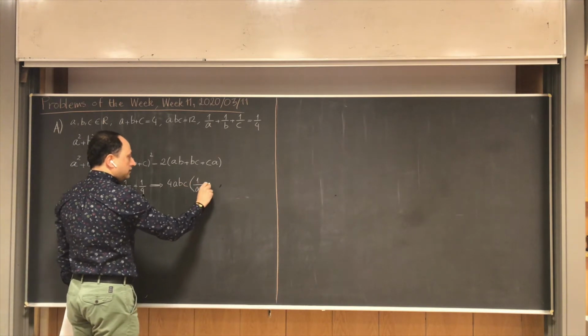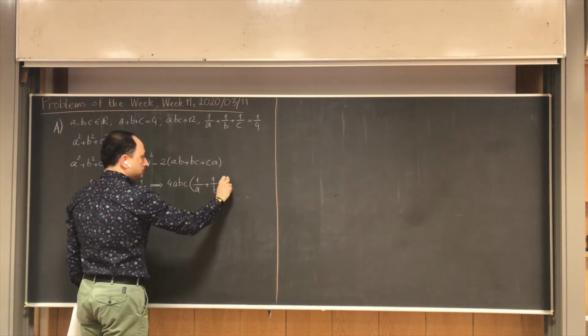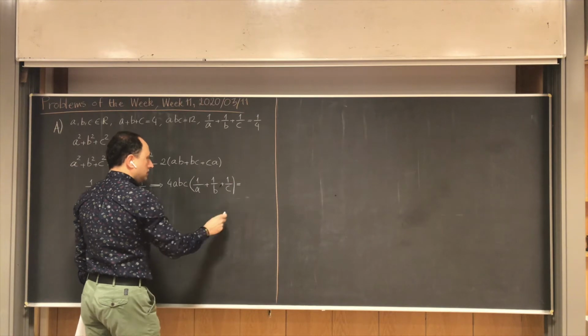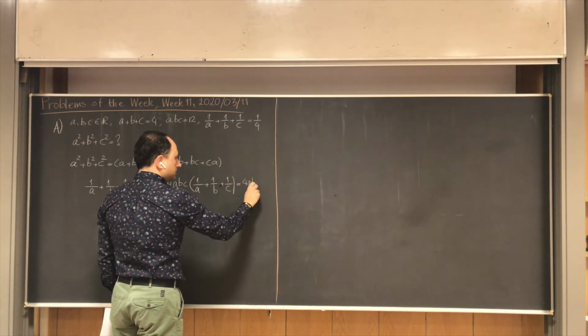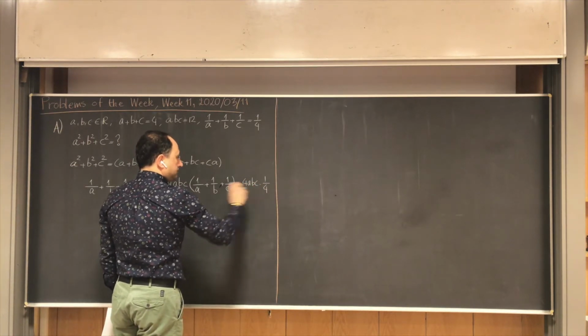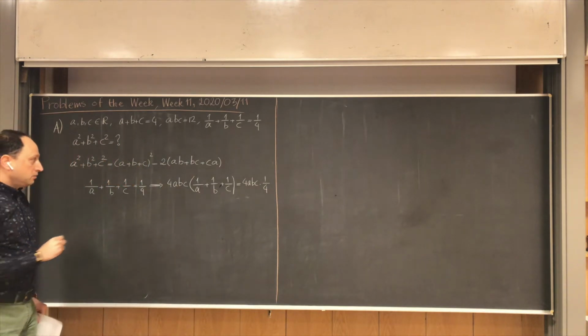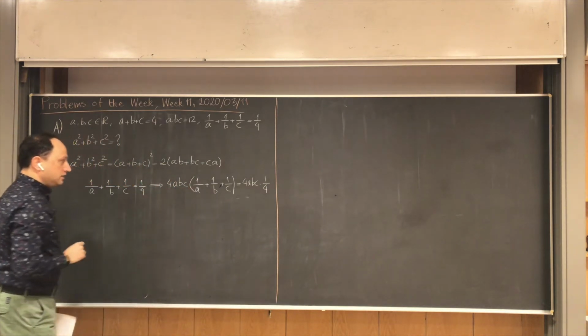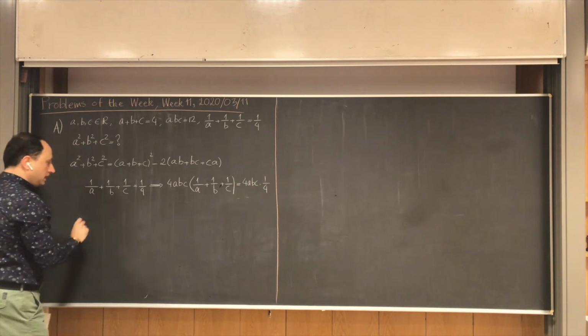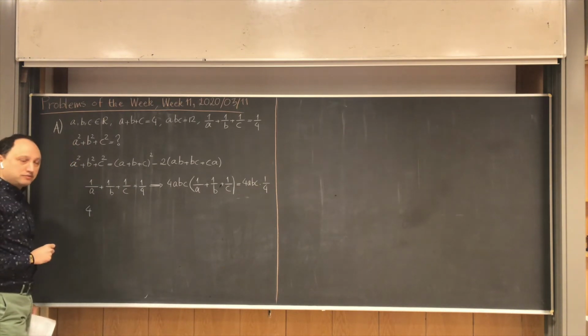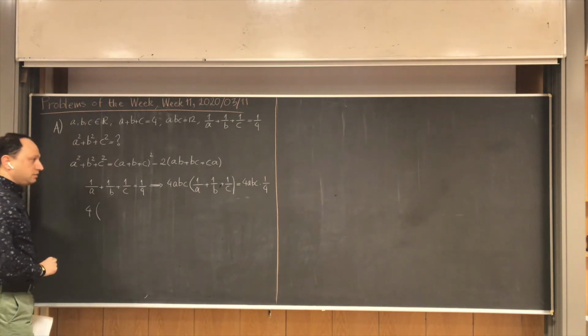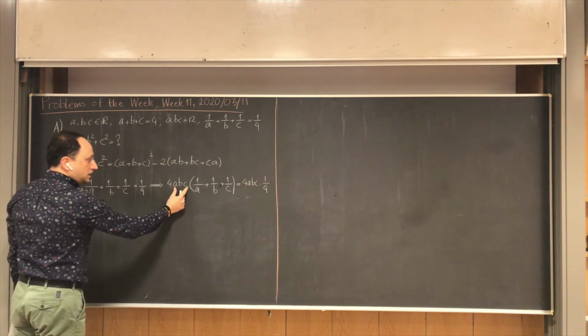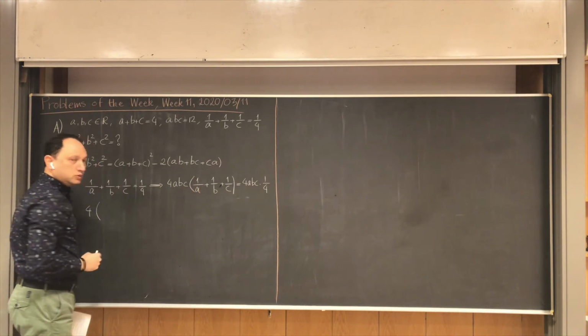Then on the left-hand side, we will have this. On the right-hand side, I will have this. Yes, but then let me multiply things inside except 4. Okay, let me keep 4. Of course, you can also multiply 4 inside, doesn't matter, but let us keep it here. So abc will be multiplied by 1 over a.